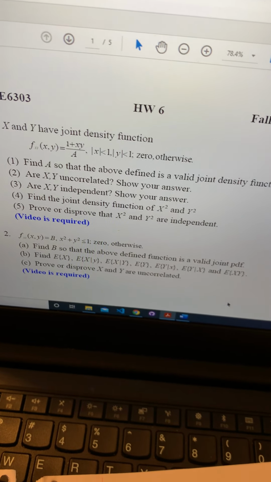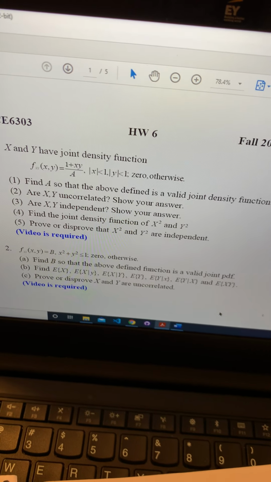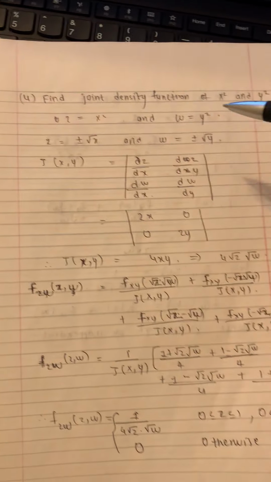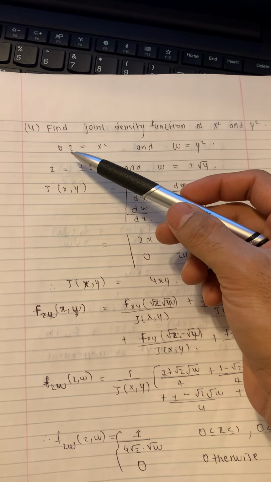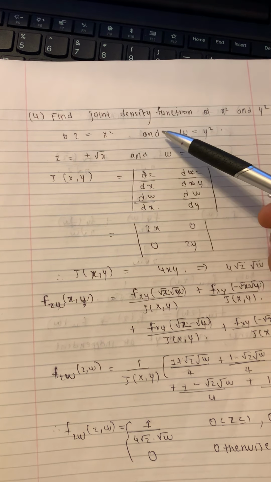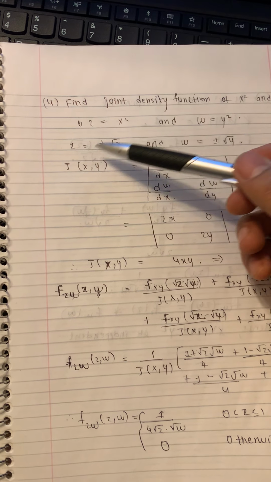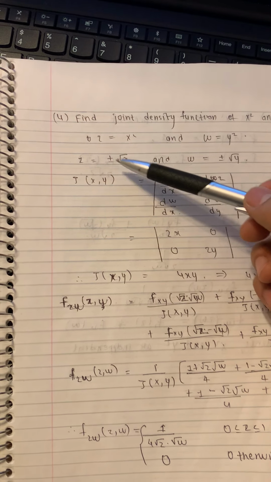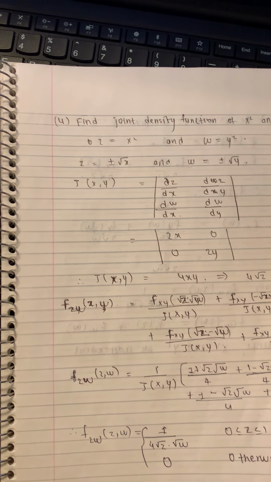We have to find the joint density function of x square and y square. For this we first assume that z equals x square and w equals y square. Now z is plus or minus root x and w is plus or minus root y.